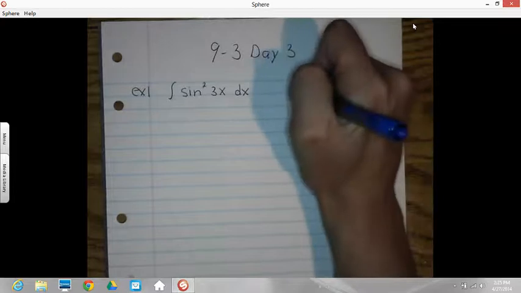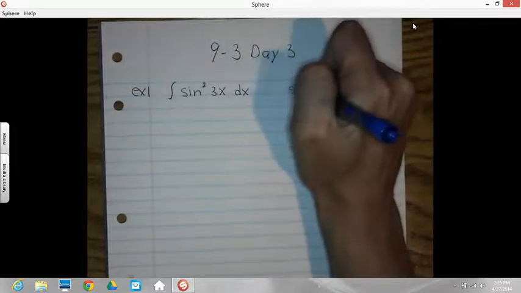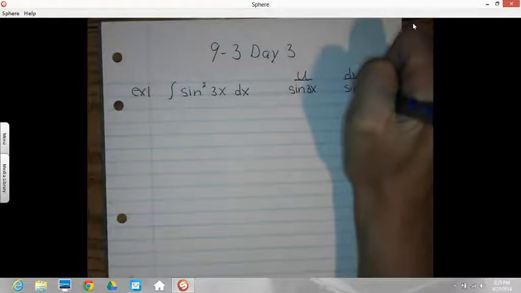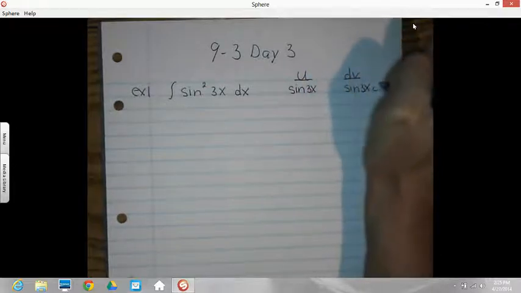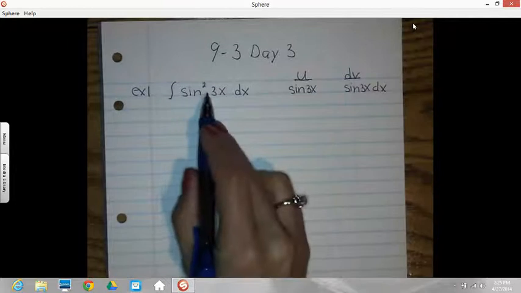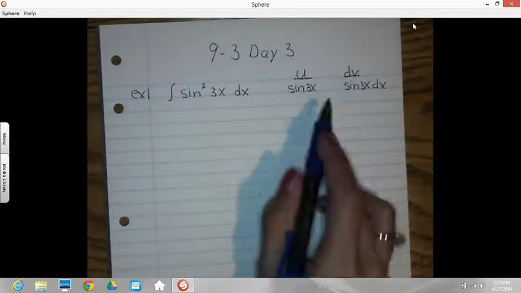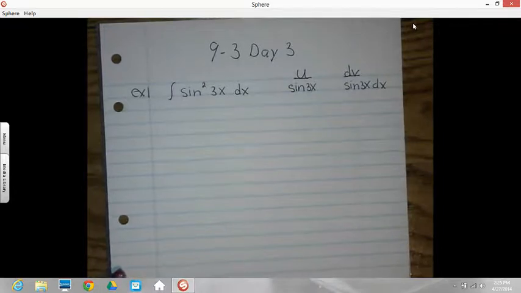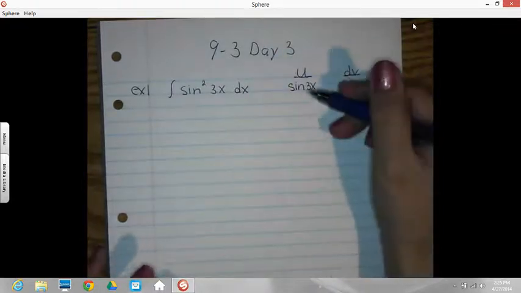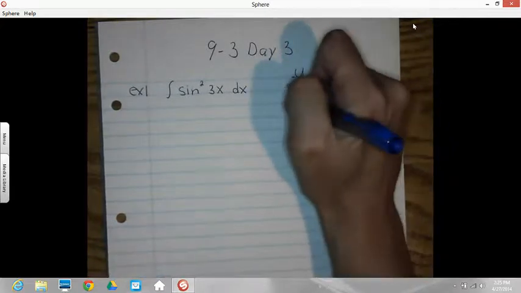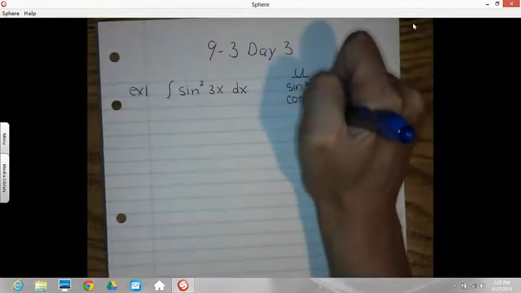So we're going to let sine 3x be here, and sine 3x dx be here. Because the sine squared, remember, is the sine 3x times the sine 3x times the dx. So I'm breaking the sine squared up. And if we go through our process, we do derivative here. So derivative of sine is cosine times the derivative of the angle.